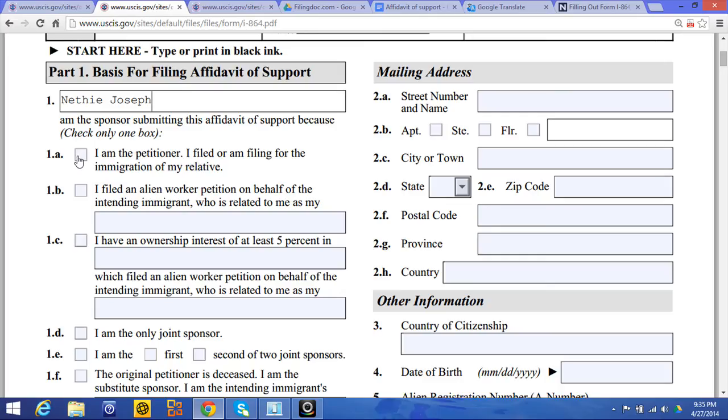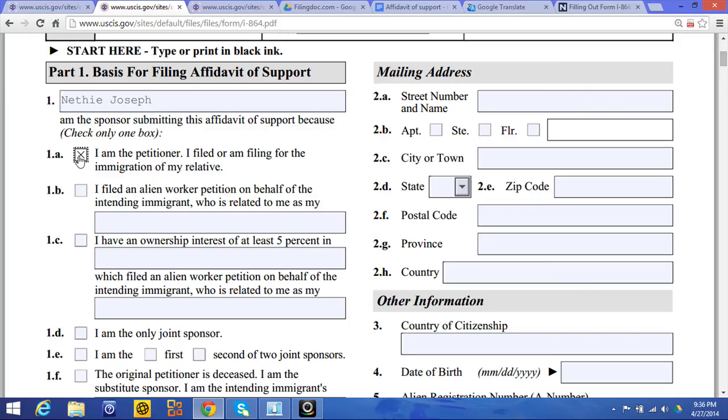You will check this box 1A if you are a petitioner who is filing or already filed form I-129F for a fiancé, form I-130 for a family member, or form I-600 for an orphan.